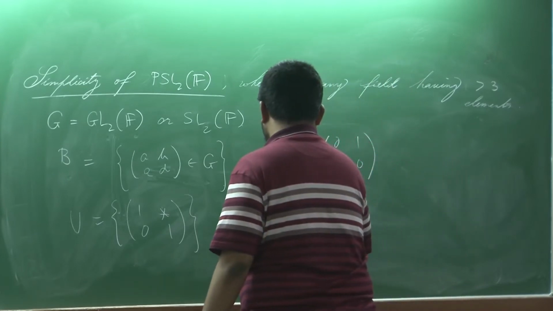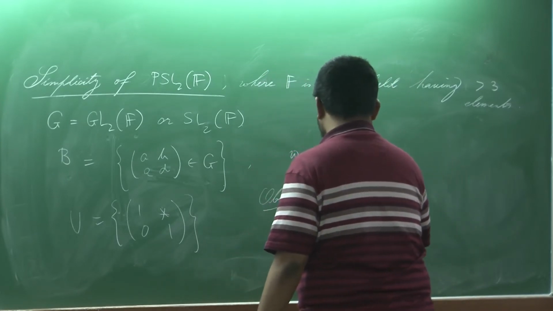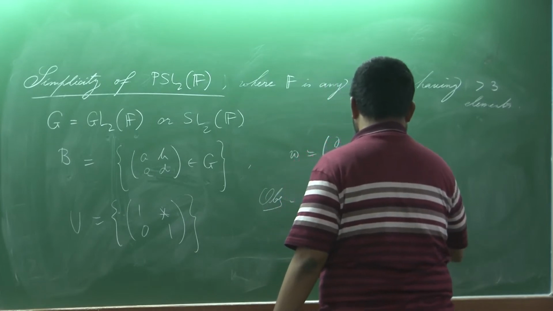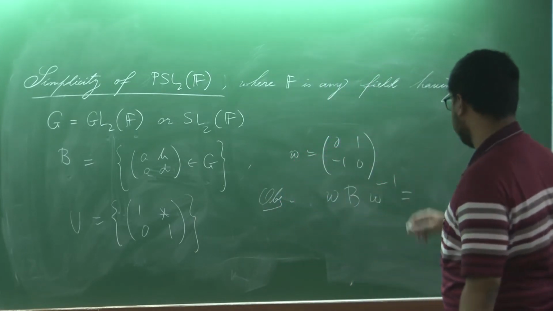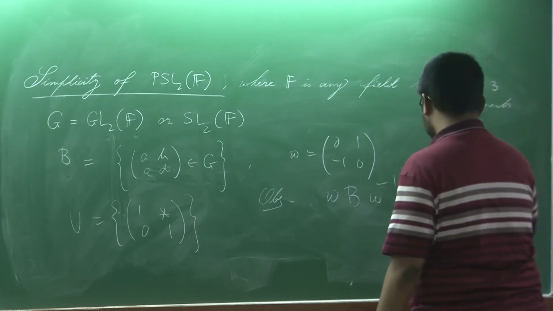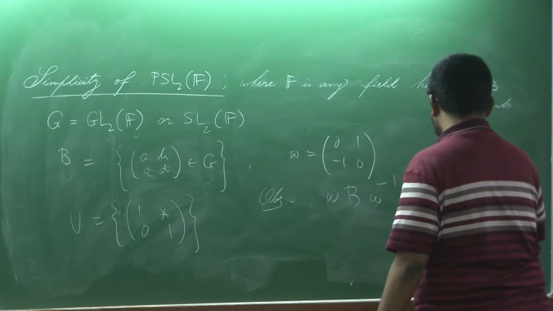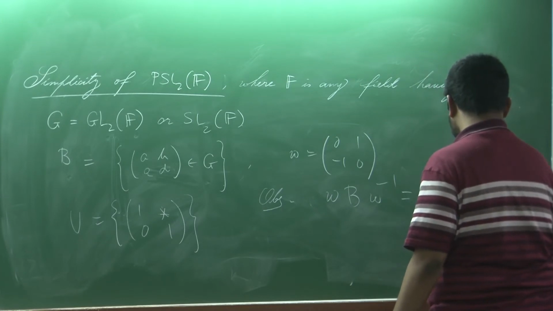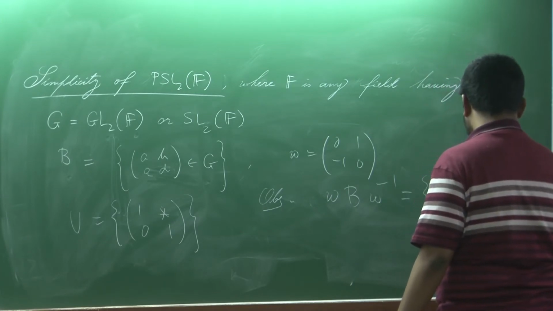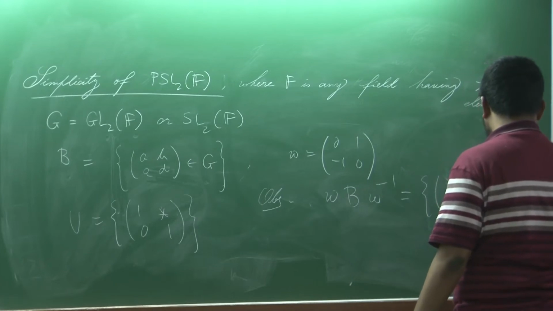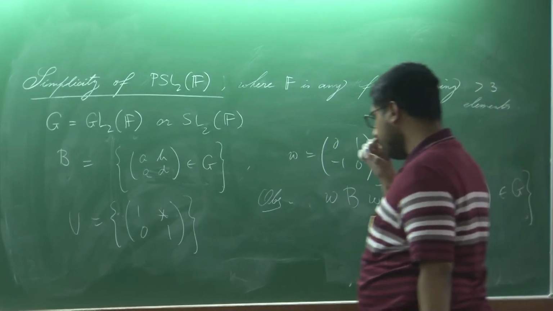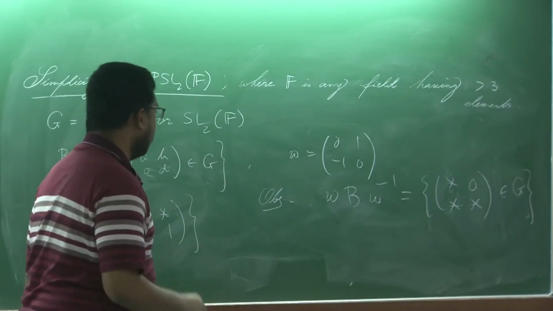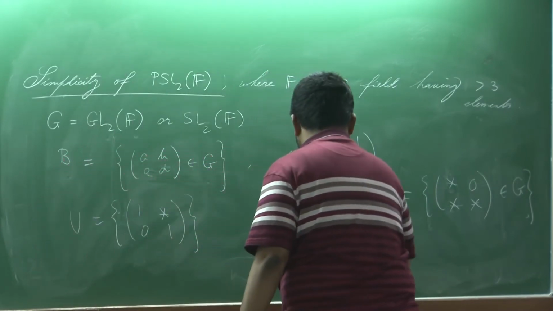Then let W be the matrix (0 1; -1 0). One observation, in fact a direct verification, is that W B W inverse is precisely the collection of all lower triangular matrices. That is actually quite clear, if you just take the conjugation.